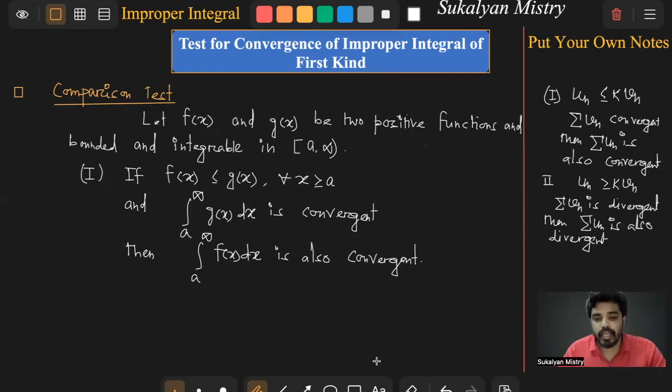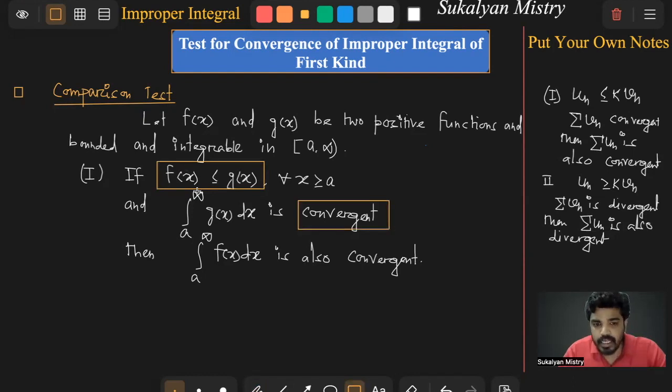So same concept এখানে, ঠিক? দেখো fx less than equal to gx, if integration a to infinity gx dx is convergent, then integration a to infinity fx dx is also convergent. Okay, so this is number one.